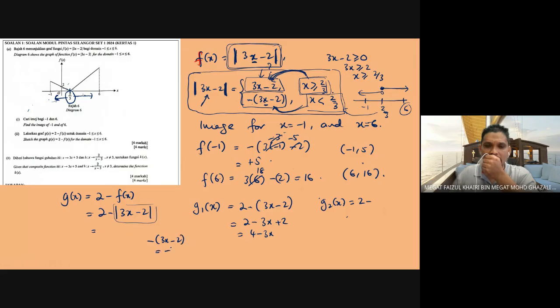It is negative 3x plus 2. So 2 minus (negative 3x plus 2) gives 3x. So from this question, we need to divide it into two parts here.